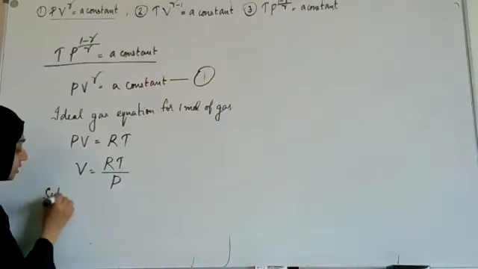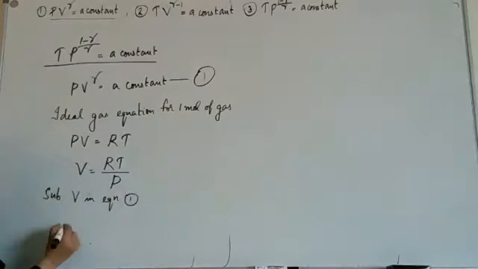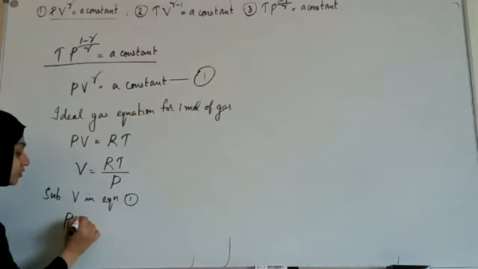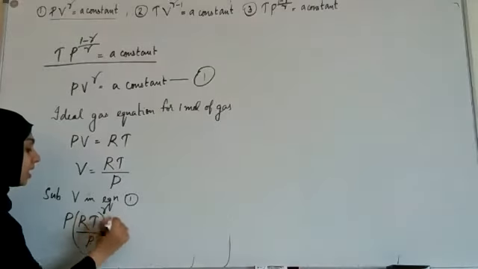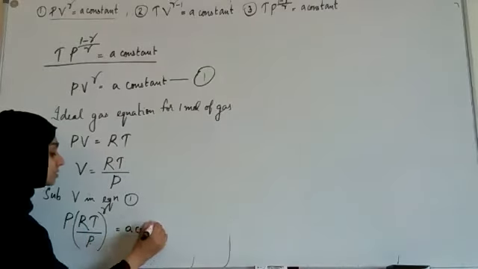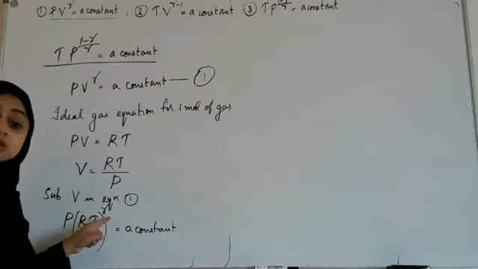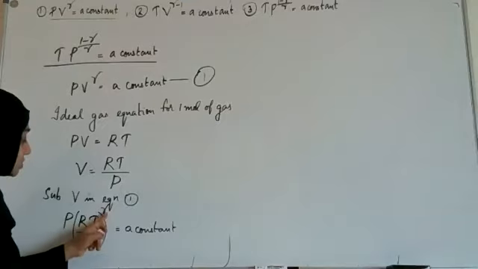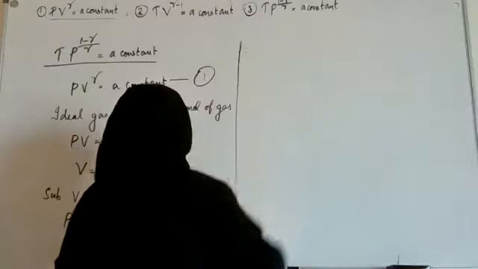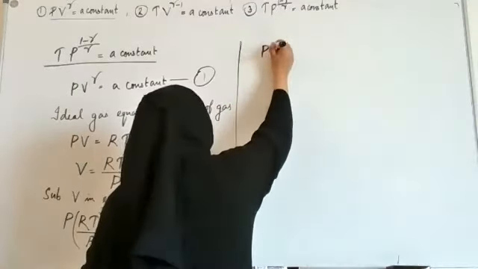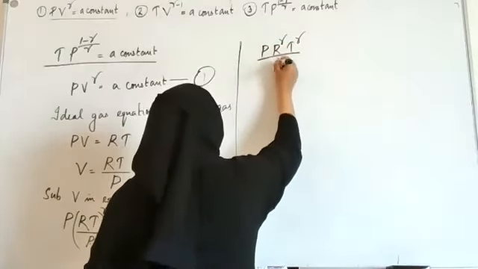So substituting V in equation 1, instead of V I am going to write RT by P, whole raised to gamma, equal to a constant. So RT by P whole raised to gamma. I can give this gamma power to each of these quantities. So it will become, P is already there, R raised to gamma, T raised to gamma divided by P raised to gamma.